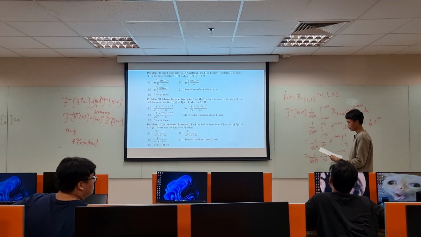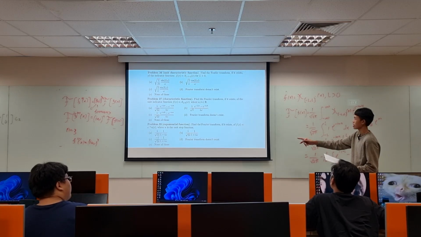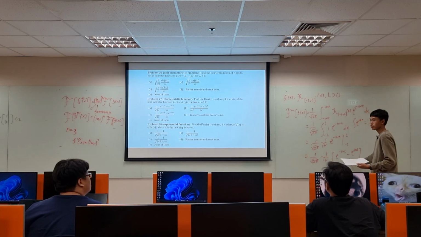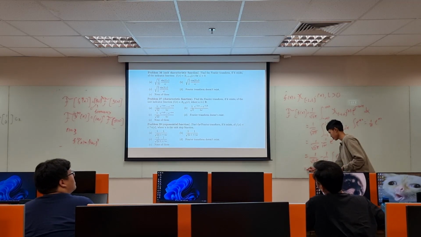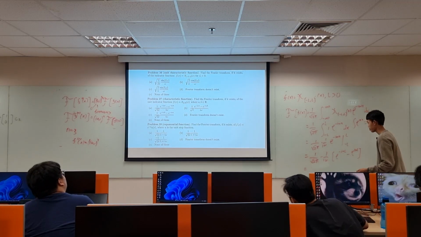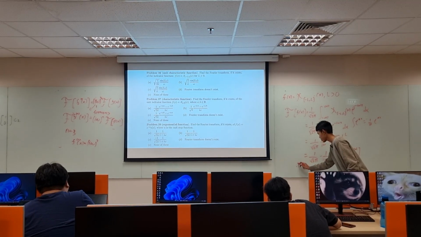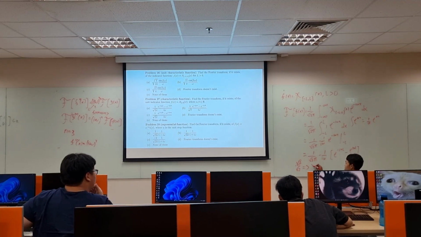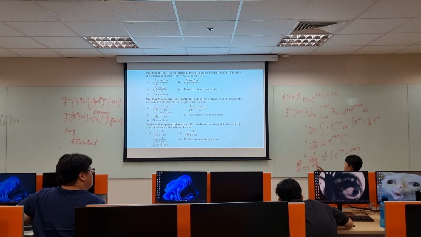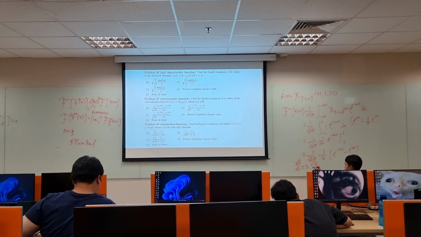So this is basically the form, but we need to change it to sine. So we're going to use the Euler formula. In my steps here, we multiply by square root of 2 over 2, so it becomes square root of 2 times 2, and square root of 2 times square root of 2 is 2.